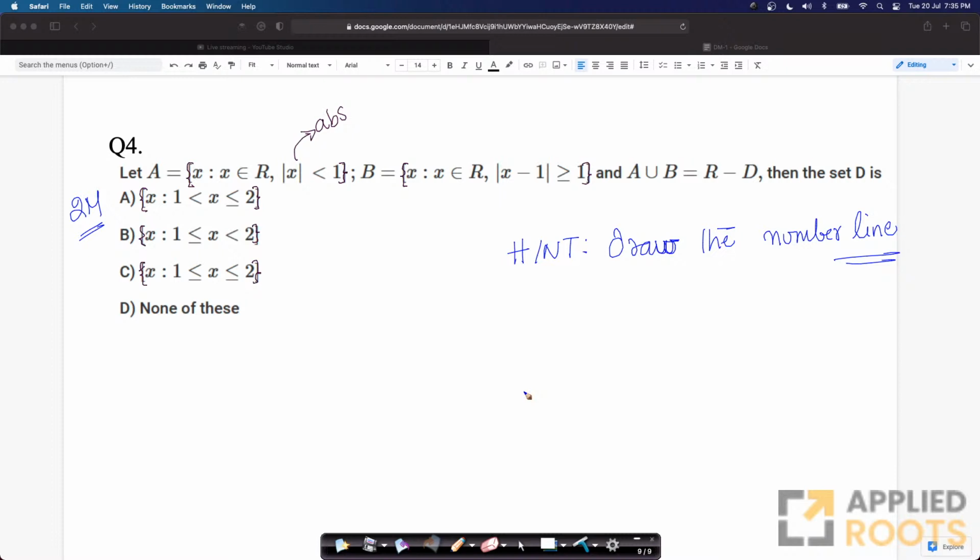If you're not comfortable with algebra, draw the number line, for heaven's sake. I see many of you committing silly mistakes. Please draw the number line, for heaven's sake. That's the technique for problems like this.